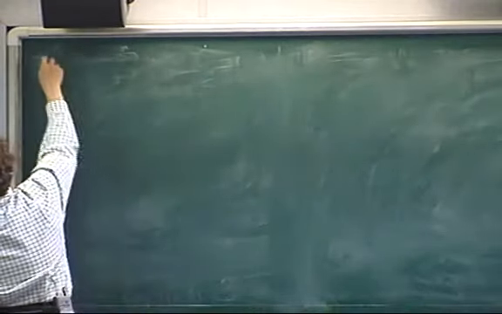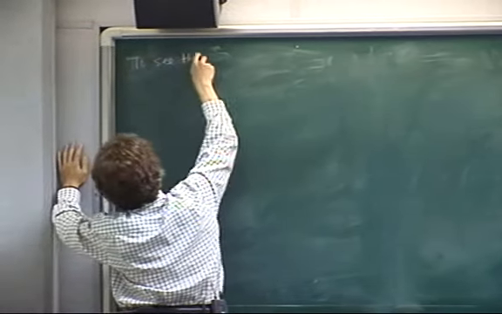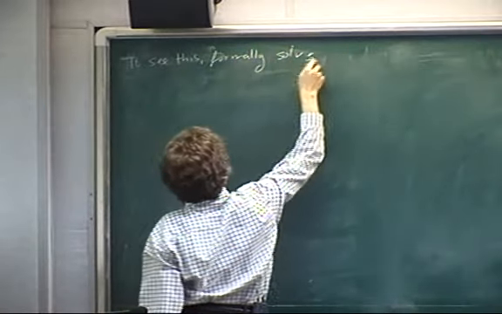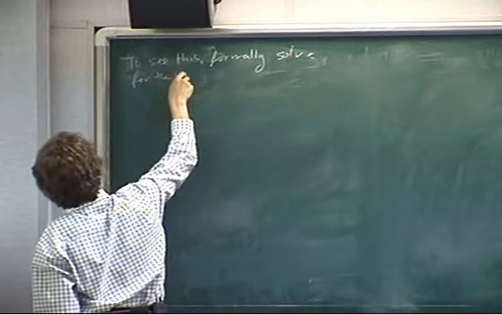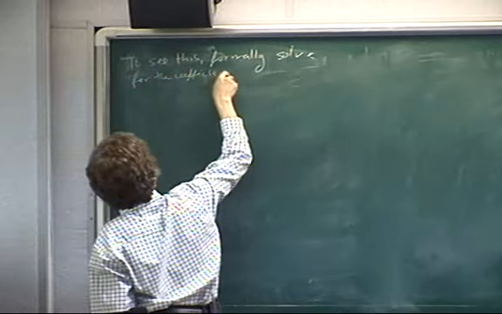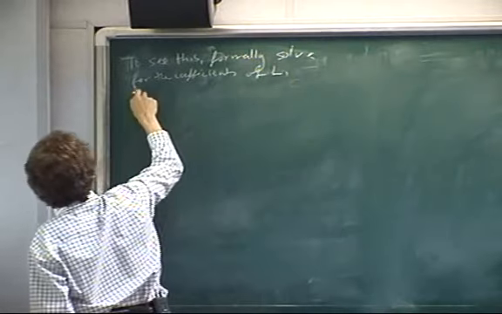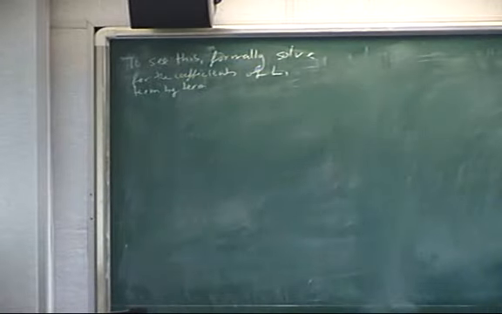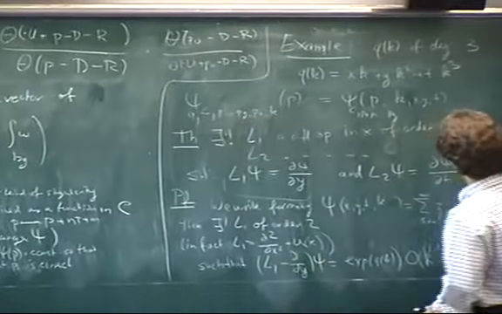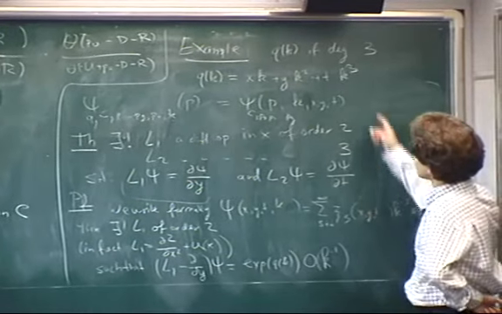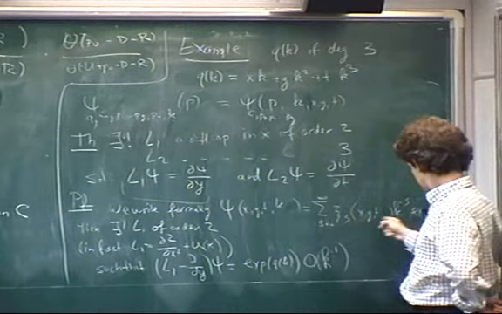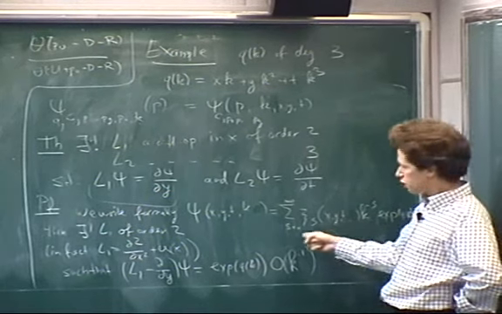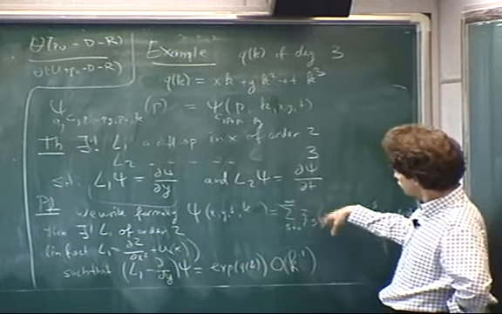So to see this, you formally solve for the coefficients of L1 term by term. So you see, if you take this psi and you differentiate with respect to y, you are picking up a coefficient of k squared. So the highest order term, if you differentiate with respect to y, there will be a derivative here.